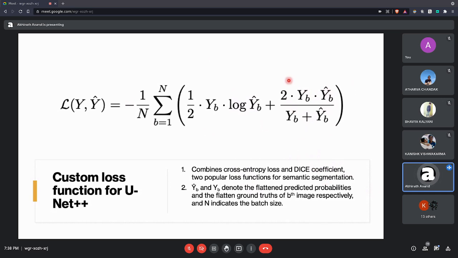This is basically a coefficient that is used for comparing how similar two sets are. But this is a custom loss function that the authors designed, combining the dice score and the cross entropy. And ŷb and yb are flattened predicted probabilities and flattened ground truth. So ŷ is predicted, yb is the ground truth, and these are flattened, and then they're fed into this custom loss function.